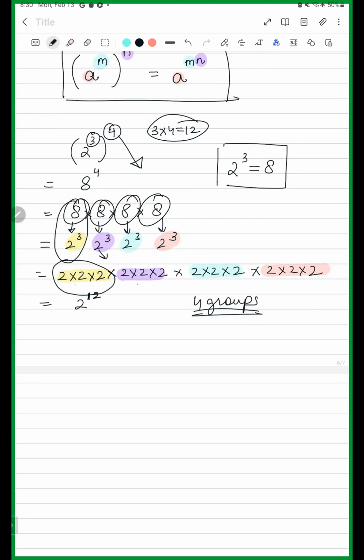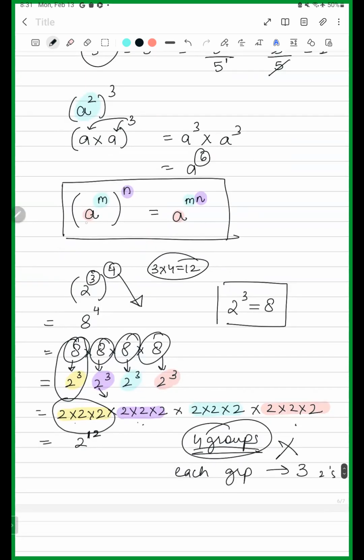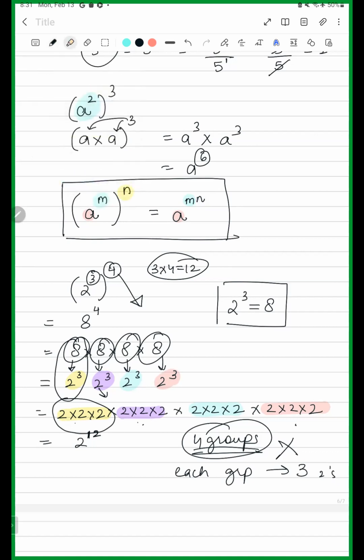So therefore there were 4 groups of 2s, जिसमें हर ग्रुप में there are 3 2s and there are 4 groups in all. So multiplication ही तो हो रहा है ना यहाँ पे? समझ में आई बात? That is why here it is being multiplied. A to the power mn. ठीक है?